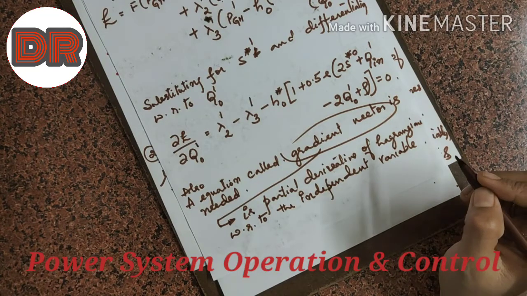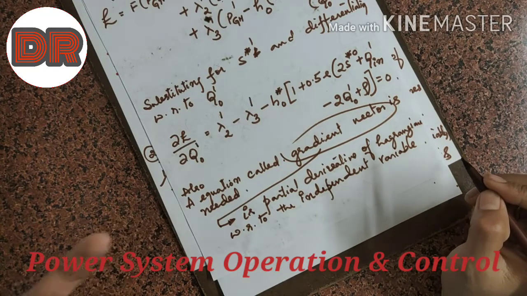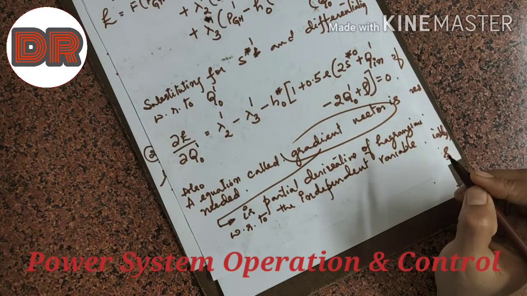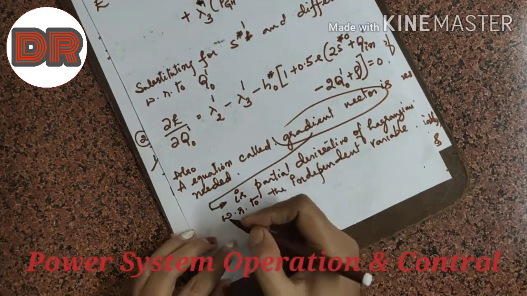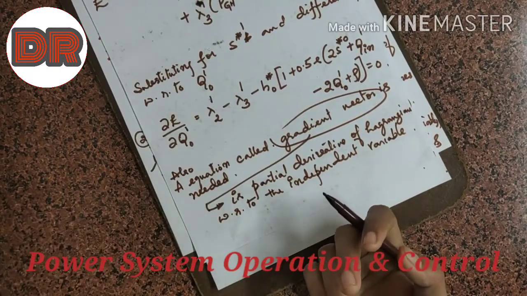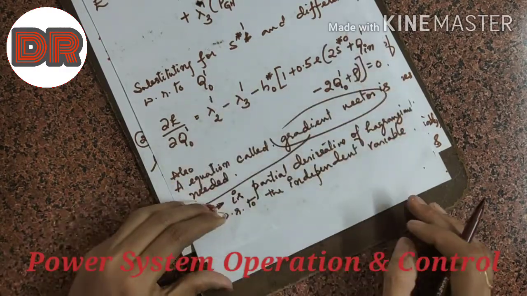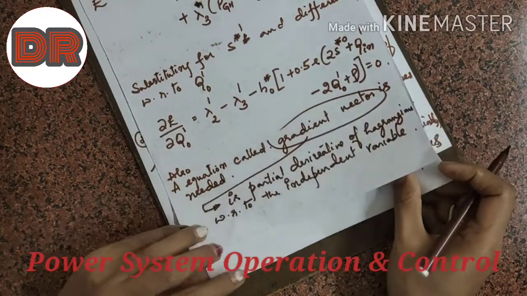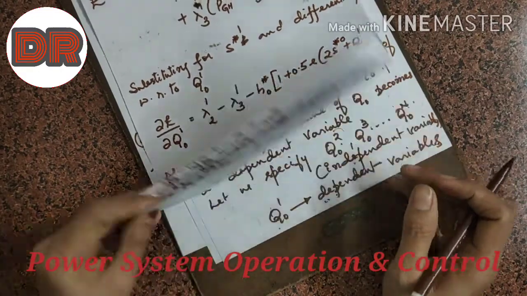Q naught 1 we have taken as a dependent variable, Q naught 2 till Q naught n we have taken as independent variables. So the differentiation of the Lagrangian function with respect to all the independent variables gives us the gradient vector.